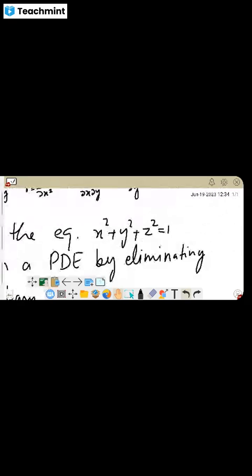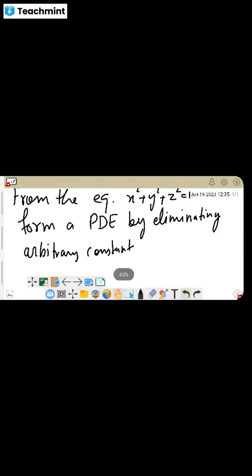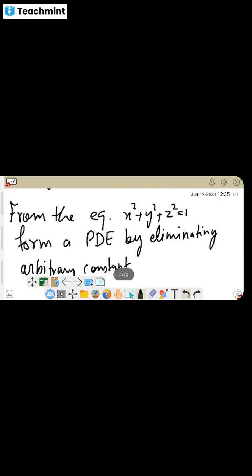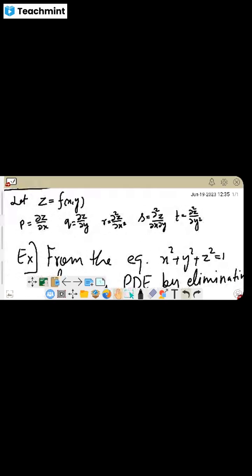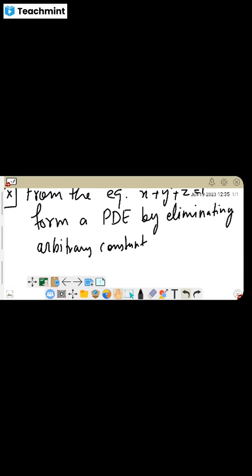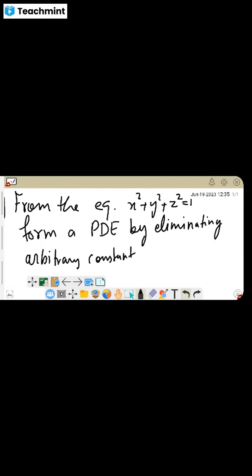We will form a PDE by eliminating this one, and let's form it. First of all, we need to find these derivatives by using this equation, by differentiating this z with respect to x and y. So first of all, we can write this equation in terms of z like this.